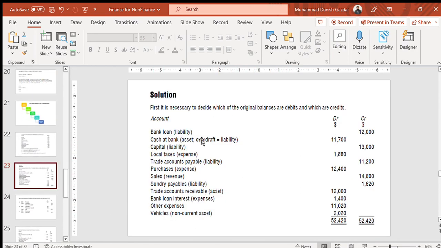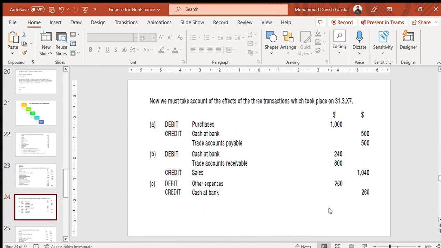So here's the solution. As you can see, the trial balance is here. The balances have been inserted, the figures are plugged in the relevant debit and credit columns, and you can see that the totals are matching. Now comes the second part, where you have passed the double entries. The first entry was that the purchases were half on credit, half on cash. So purchases debit, cash credit, accounts payable credit.